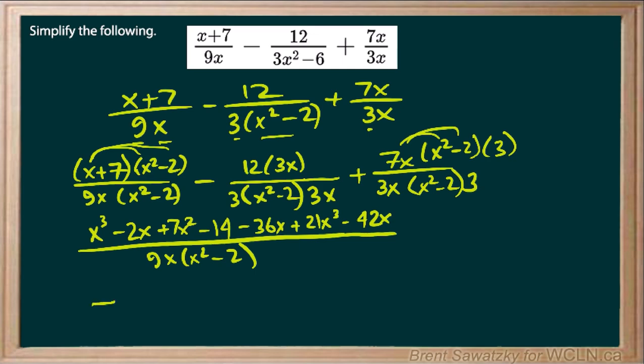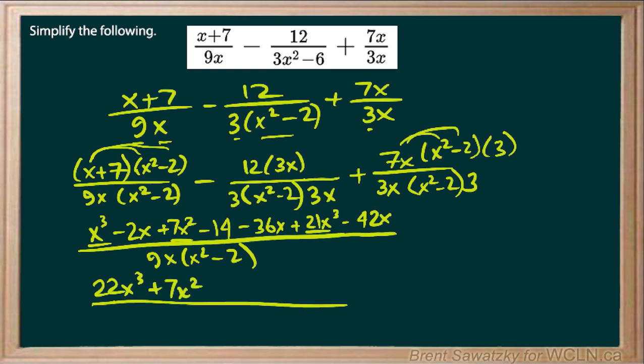Let's see, reduce that down a little bit. Okay, as far as x cubes, we have an x cube and a 21x cubed, so 22x to the 3. All right, x squareds. We only see one x squared, so 7x squared.